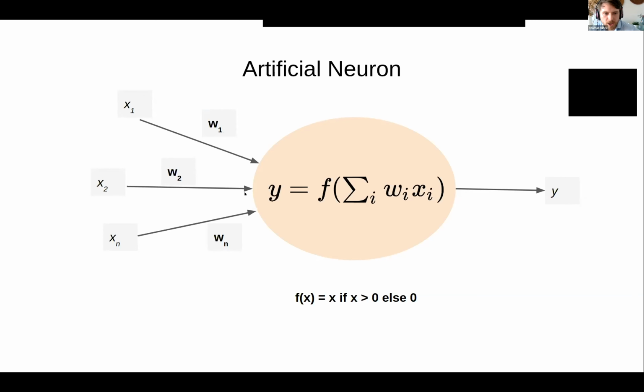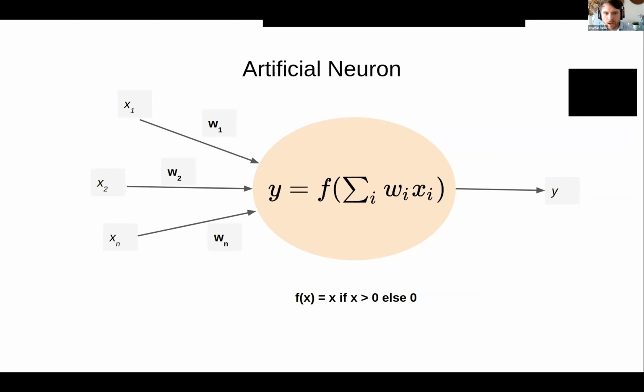So this is kind of like the dendrites here. The amount of X could be like the amount of neurotransmitter in the synaptic cleft, and W could be, for example, the amount of neurotransmitter receptors. And then this is the cell body, where all of the information from the dendrites gets combined together. So it's quite simple.